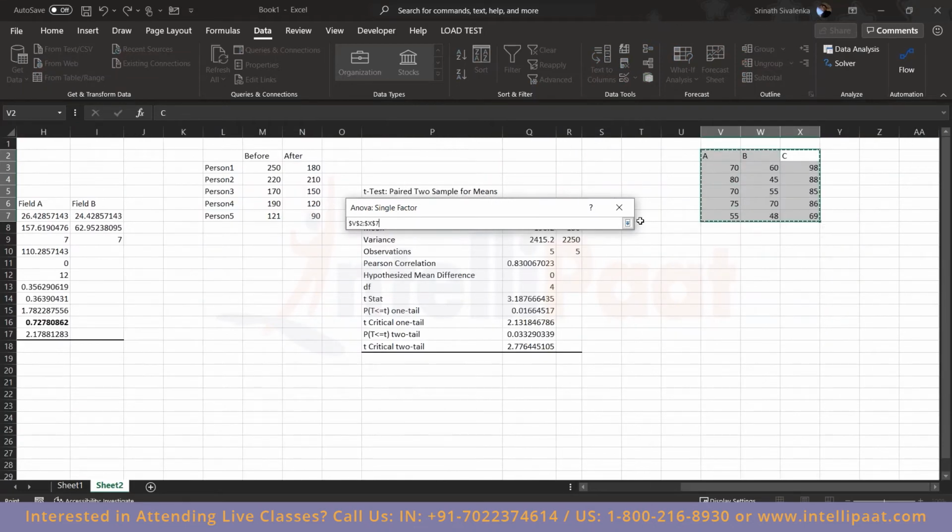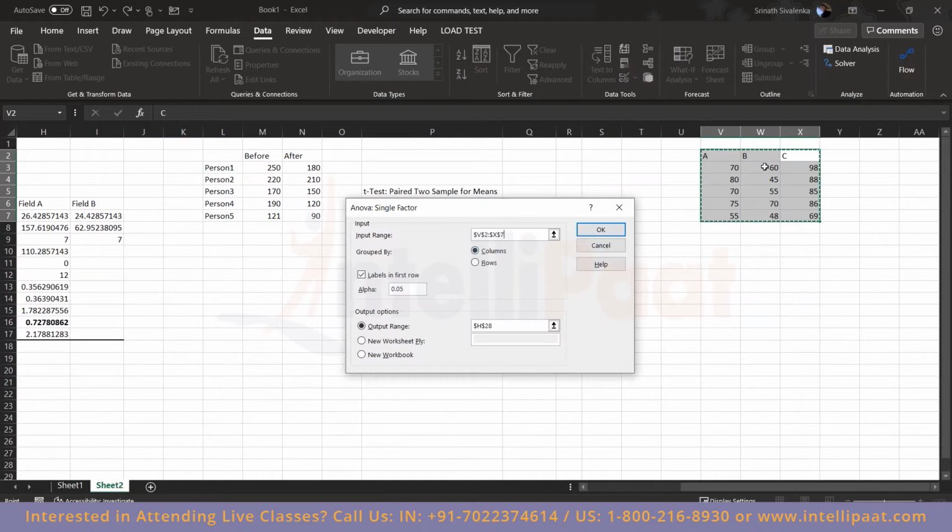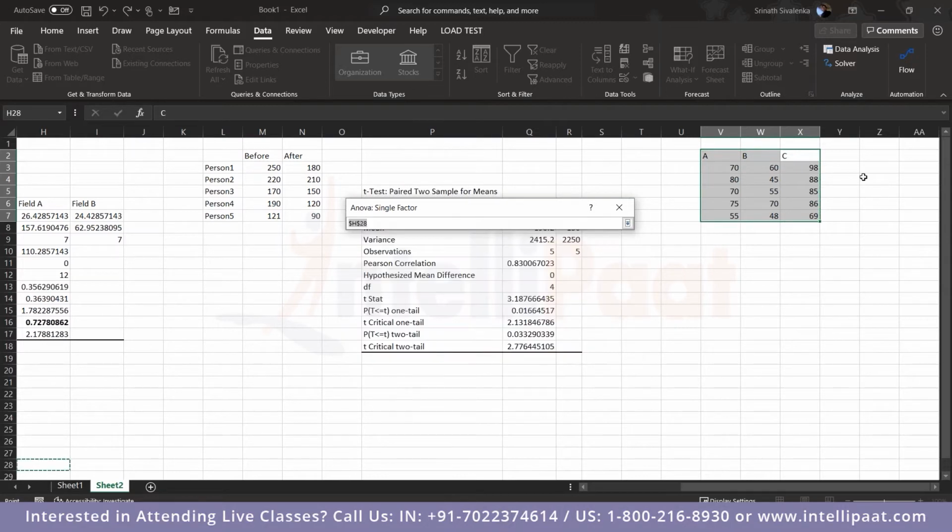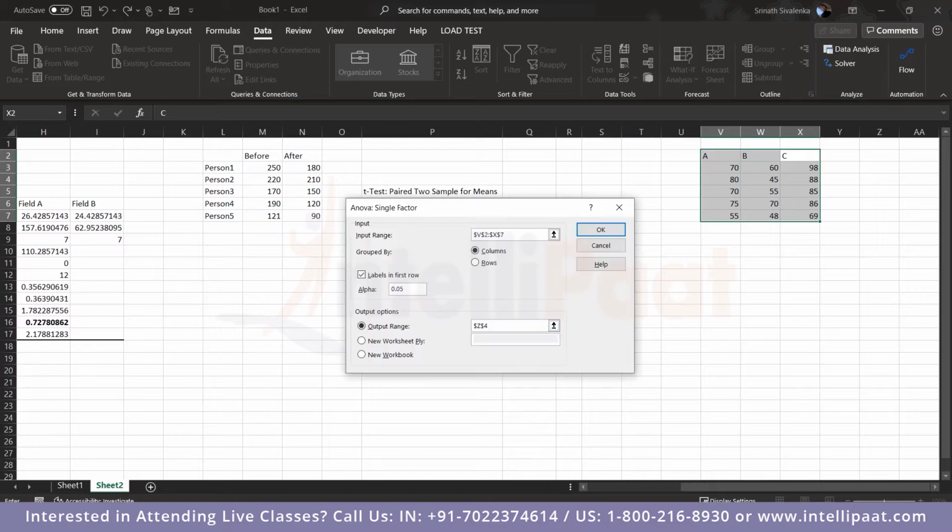This is my input range, and grouped by columns, because each column is a group. And labels in the first row, yes, there are labels in the first row. Alpha is 0.05. Output range, let me select my output range over here. That's my output range.